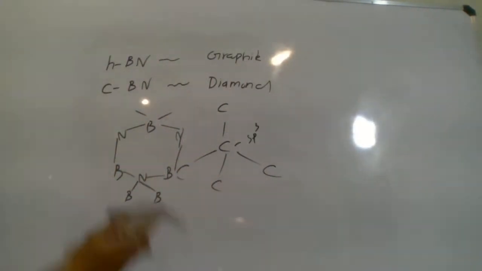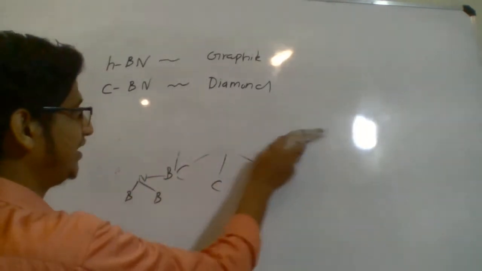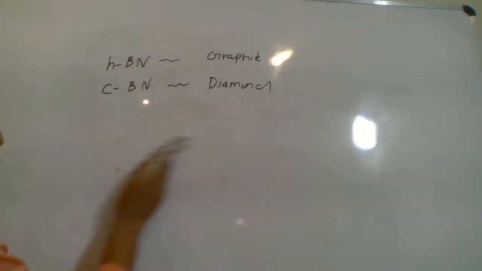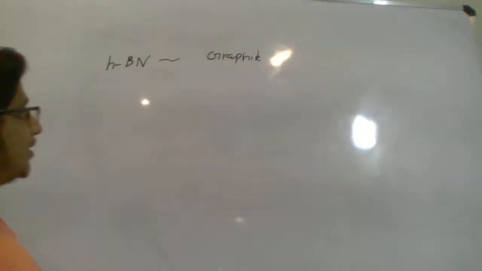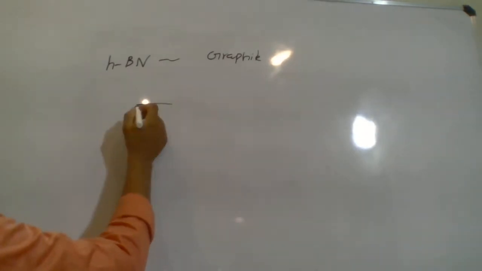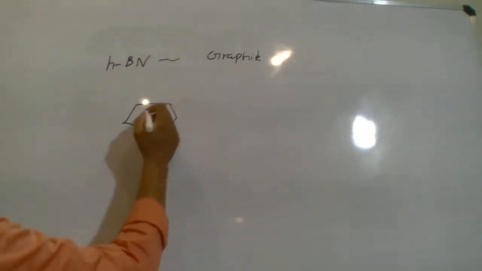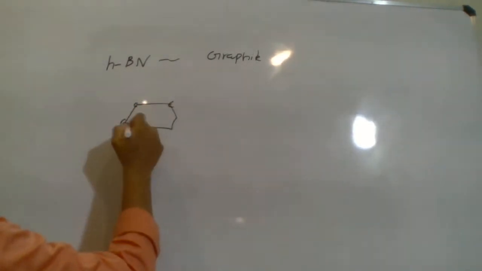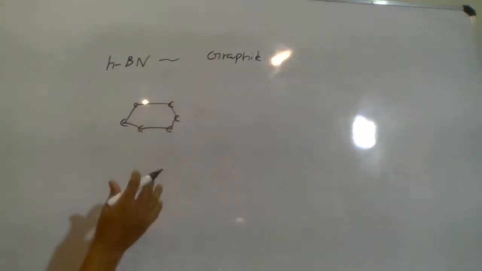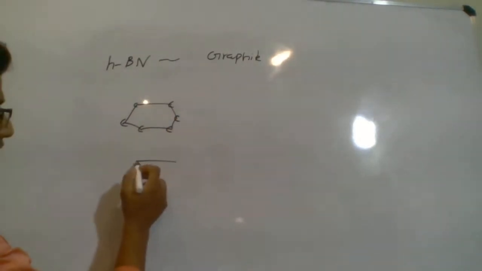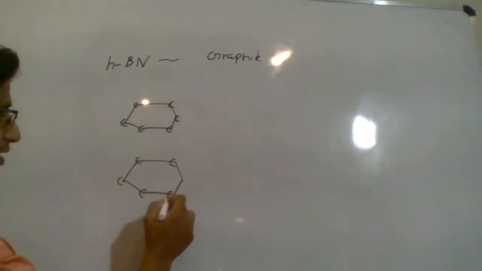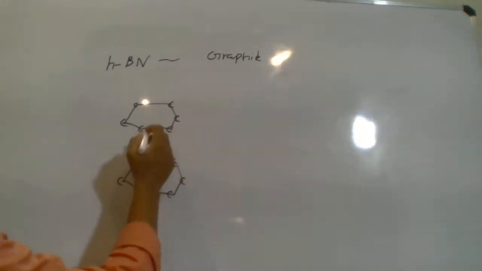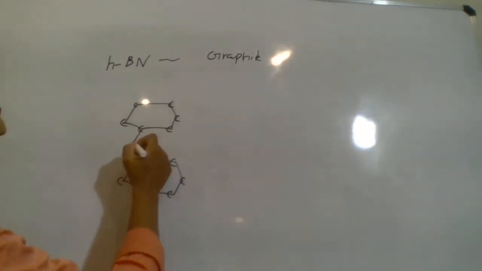Graphite, we know, has a hexagonal layer structure. That means you can imagine a hexagonal structure where each point will be a carbon atom, and you will see it is just like different layers.